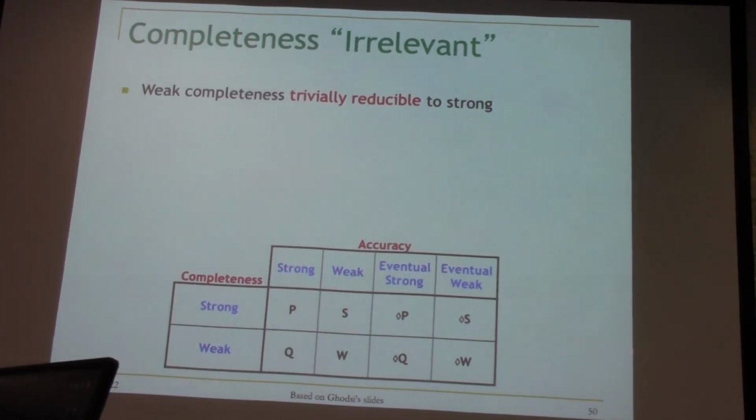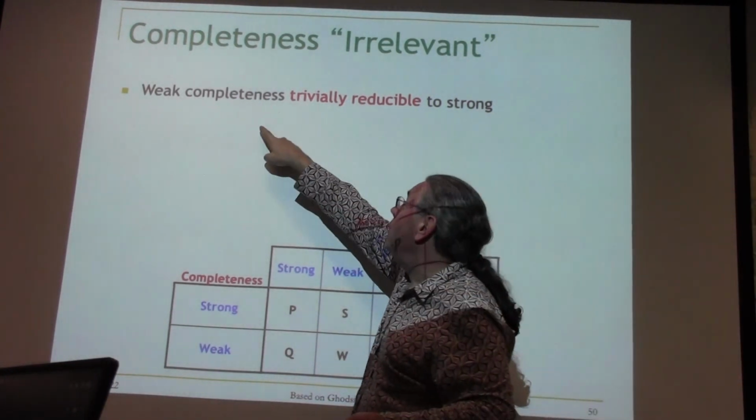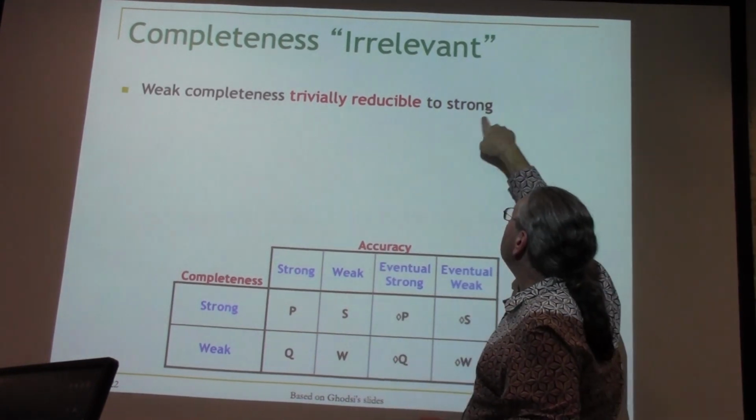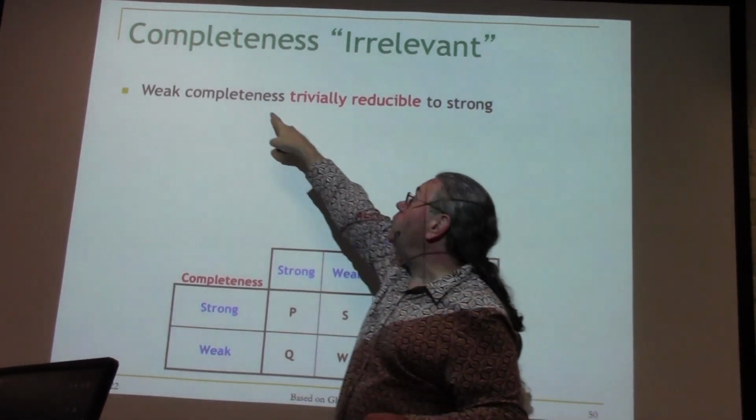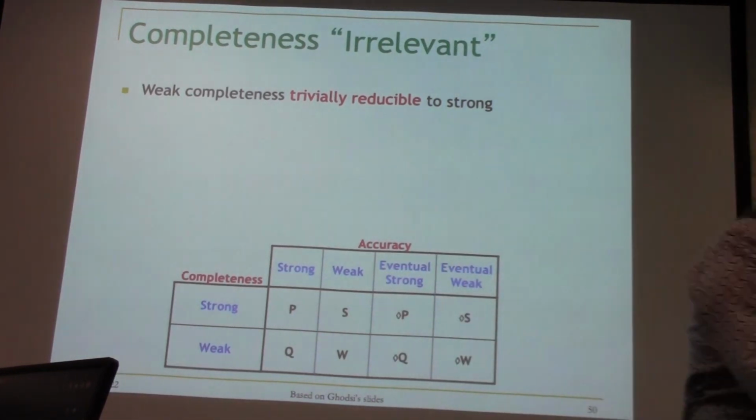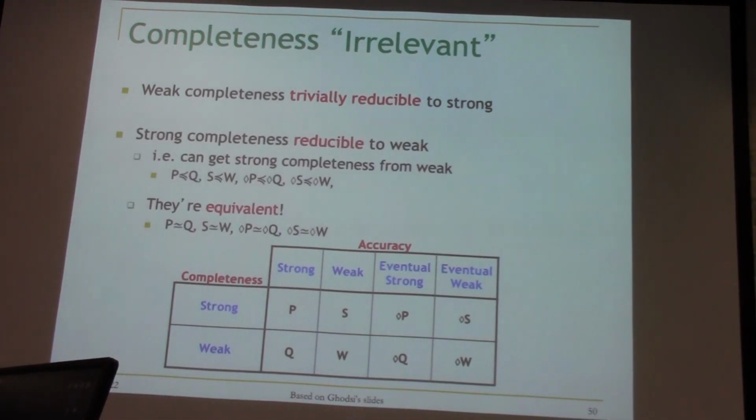That's interesting, huh? Weak completeness means only one node sees the crashes. Strong means everybody sees it. So of course it goes like this. This is trivial, huh? If all nodes see it, of course one will see it. The trick is going in the other direction. Strong completeness can be reduced to weak.